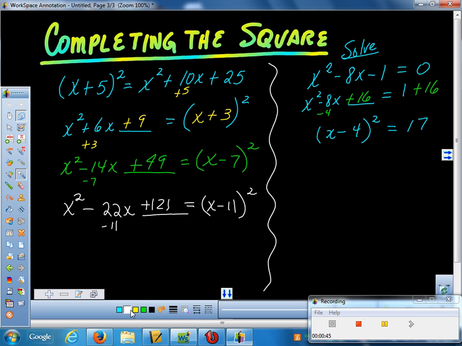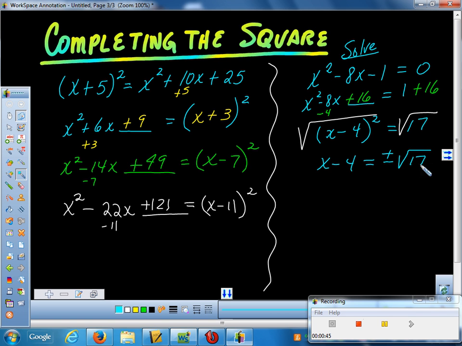Yeah. You remember we would take the square root of both sides and make that go away? Which would take me down to x minus 4 equals what? Yeah, plus or minus square root of 17 is not going to break down. If it will break down, you should break down your square root, but that one's not.